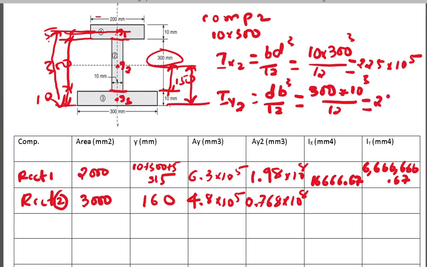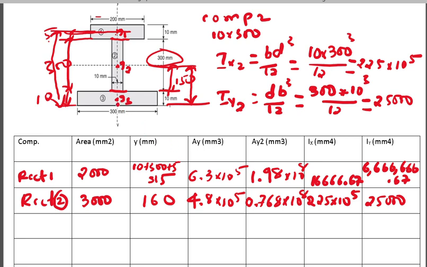Now write down in the tabular column 225 into 10 to the power of 5 and 25,000. In the same way, you have to calculate for component 3.